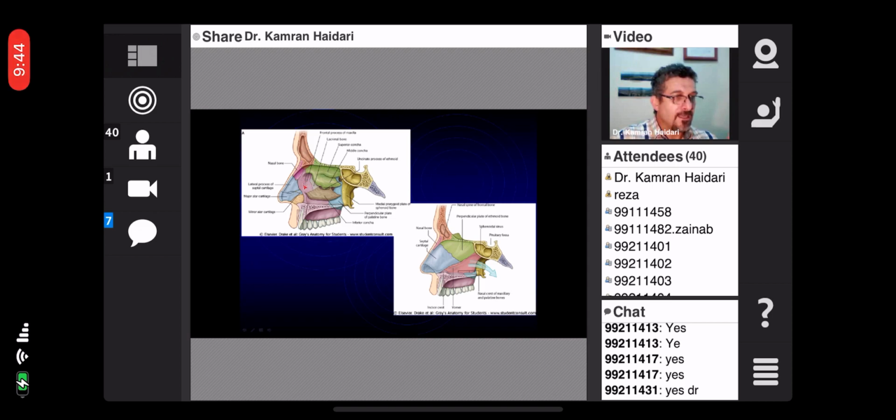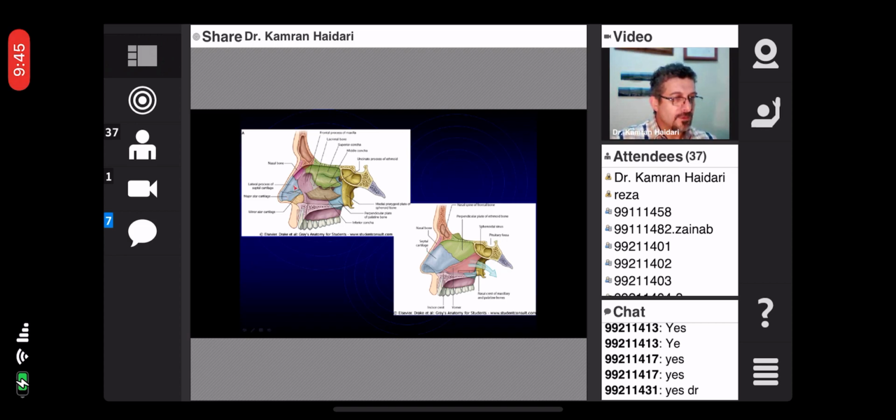The maxilla is the pink. In this picture, pink is the maxilla. Dark pink or cyclamen is related to the nasal bone, and you can see the remaining part of the nasal bone.